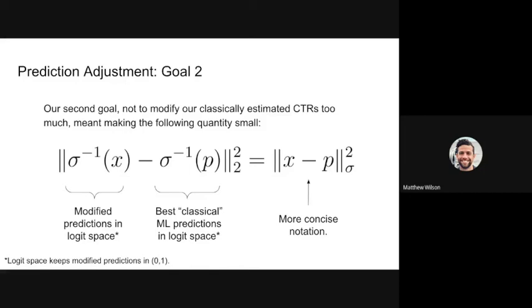So why do we use logit space? The answer is that at first we didn't. At first we just wanted X to be close to P in prediction space, probability space. But what we found was that our optimal vector X ended up having zeros and ones in it, which is sort of unrealistic.